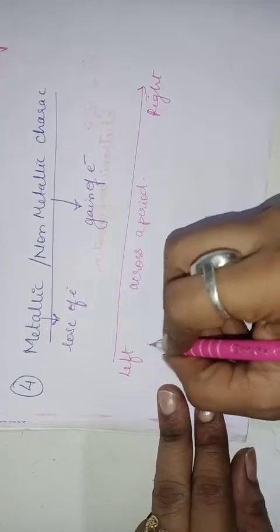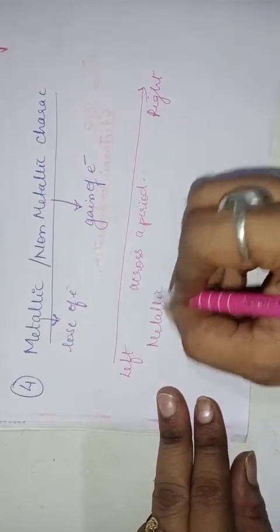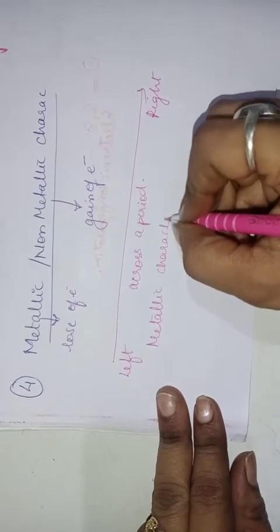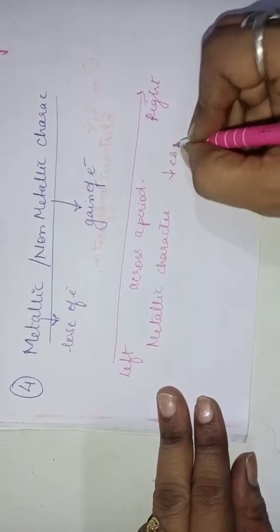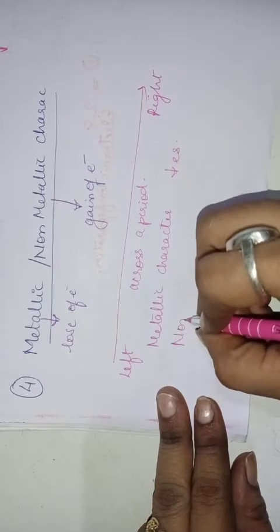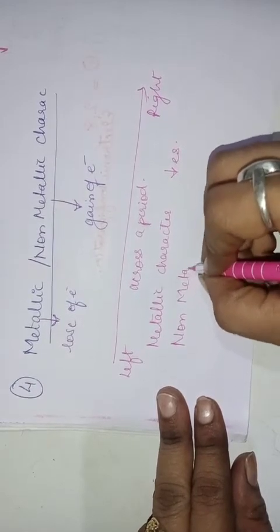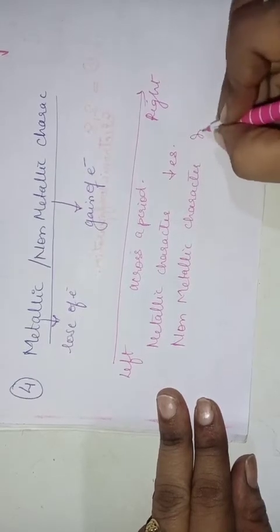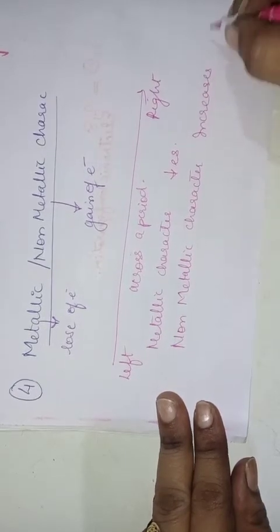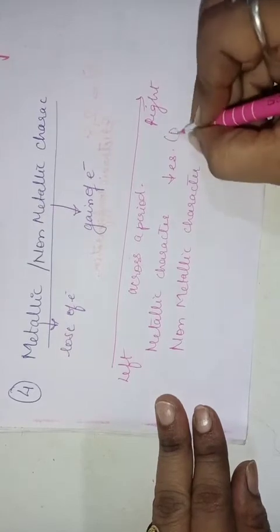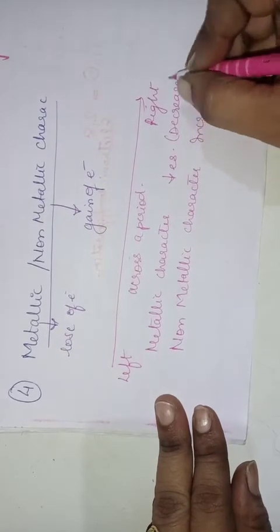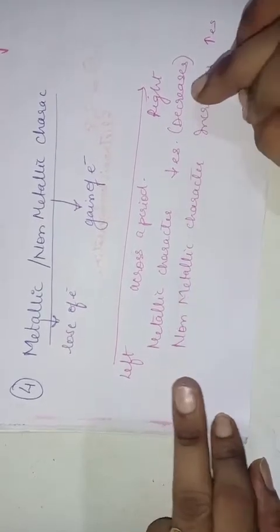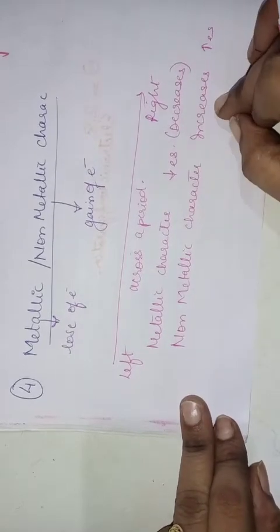Across a period, metallic character decreases, and non-metallic character increases. If anyone asks you, across a period, metallic character decreases, non-metallic character increases.